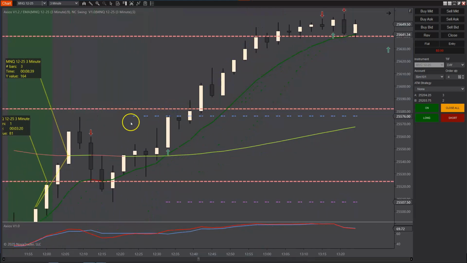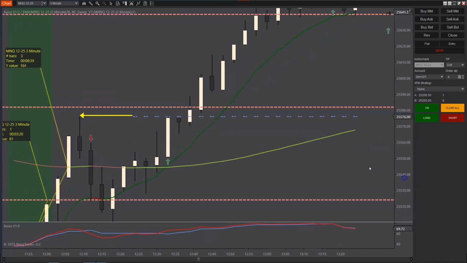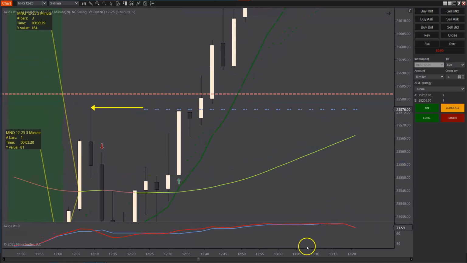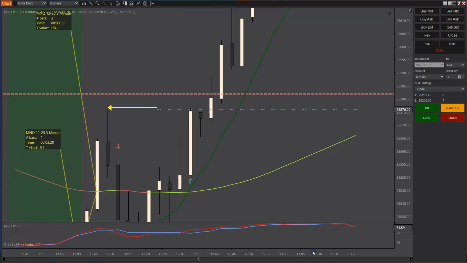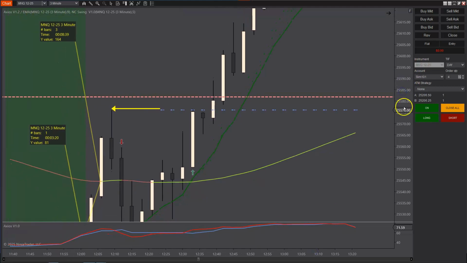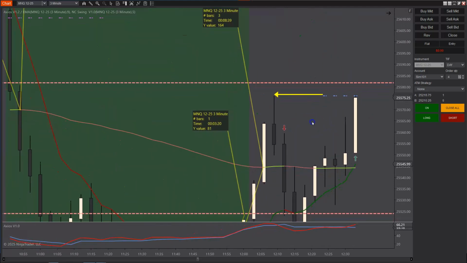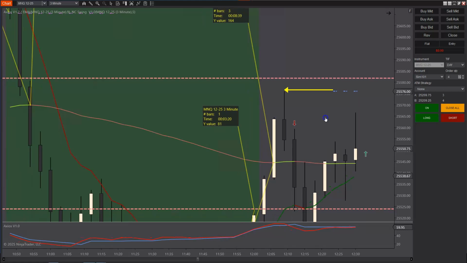And this is a side note. This swing right here, this swing high, look at where this entry is. This is a trade that I would avoid. I would be looking at this manually as this trade comes up. And as you get more familiar with the strategy, you'll be able to see this stuff as well.